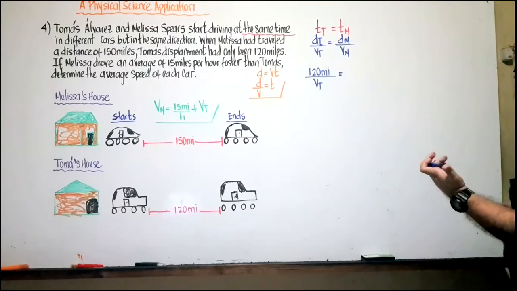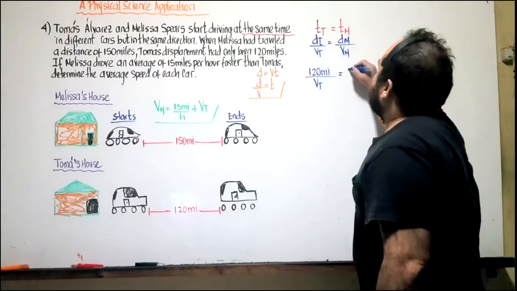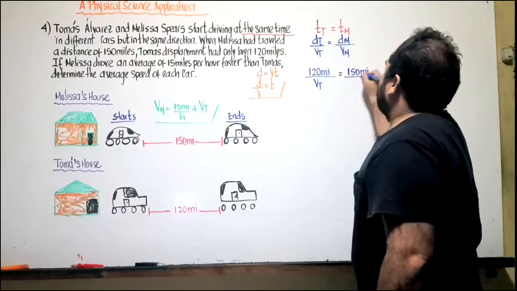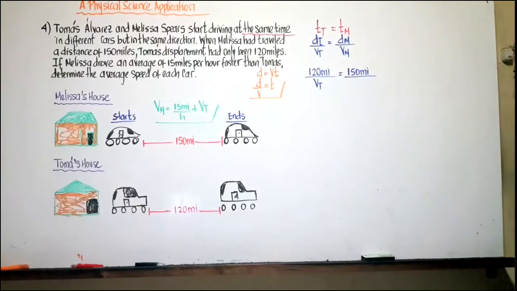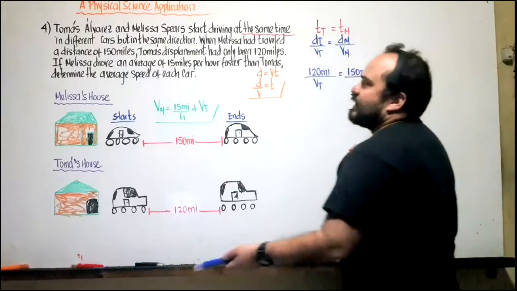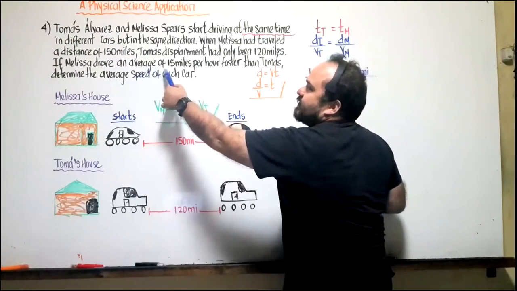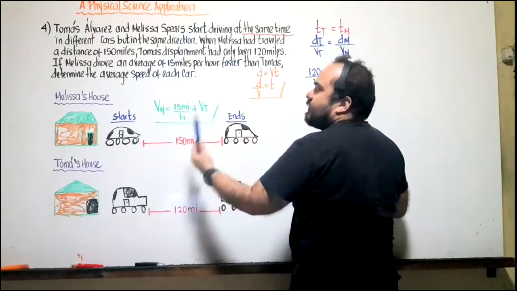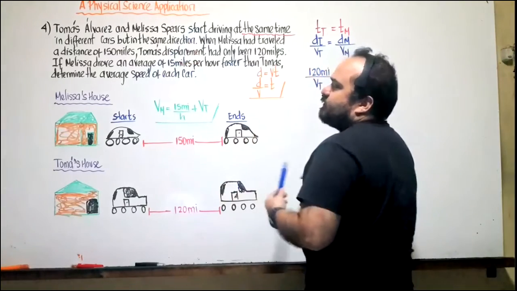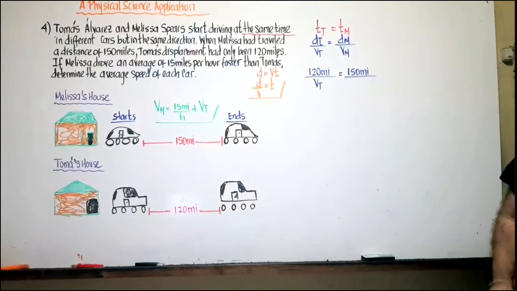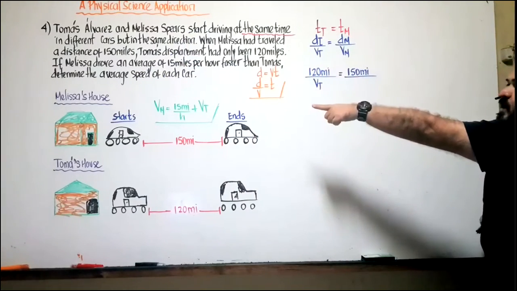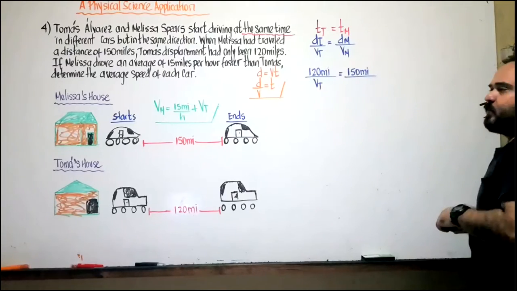As you can see in this diagram, it is 150 miles, divided by, instead of writing the velocity of Melissa, remember what the problem says: Melissa drove at an average speed 15 miles per hour faster than Thomas. So VM equals 15 miles per hour plus the velocity of Thomas. Instead of writing VM, I'm going to replace it with that expression.